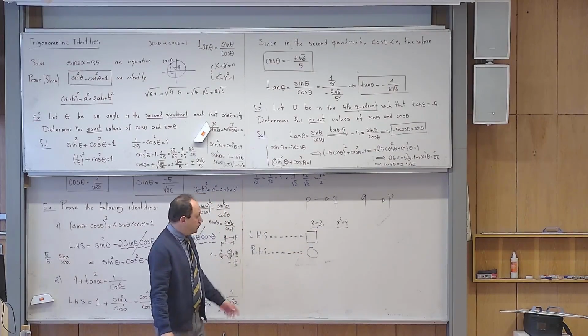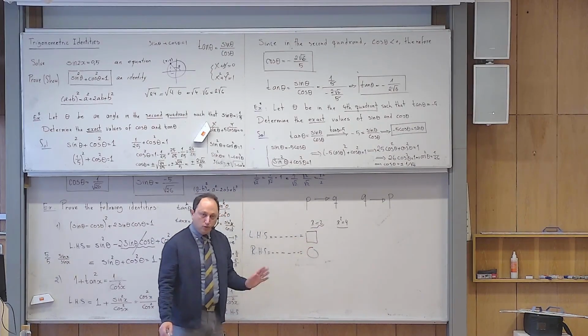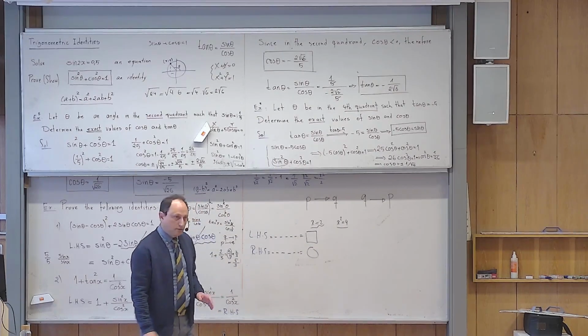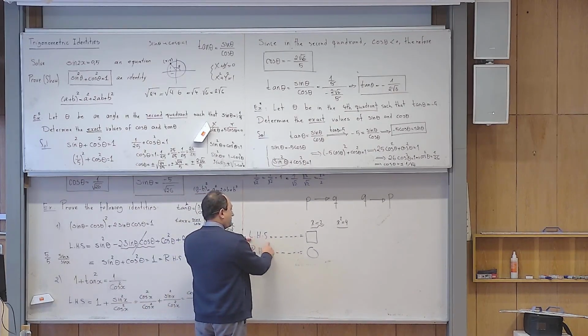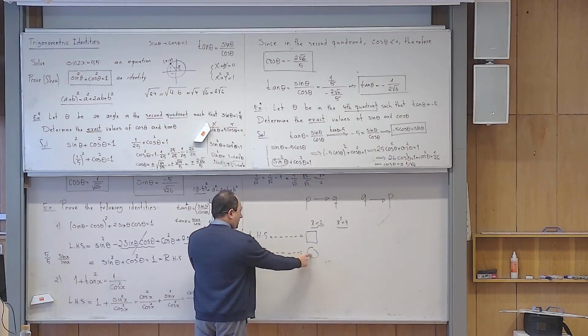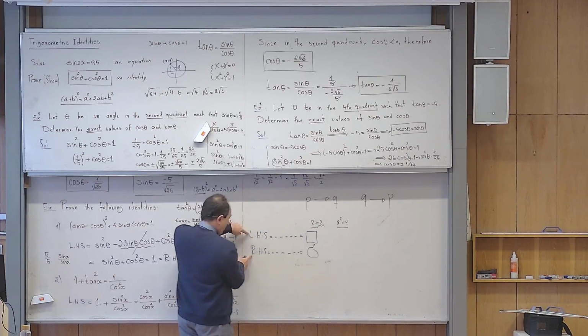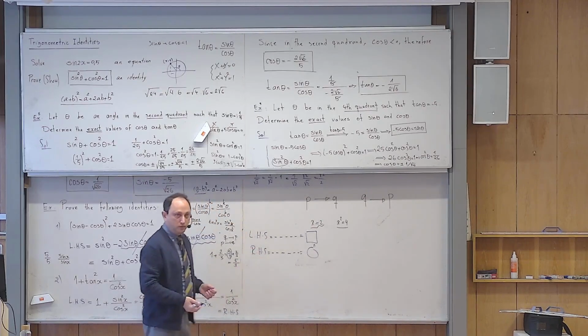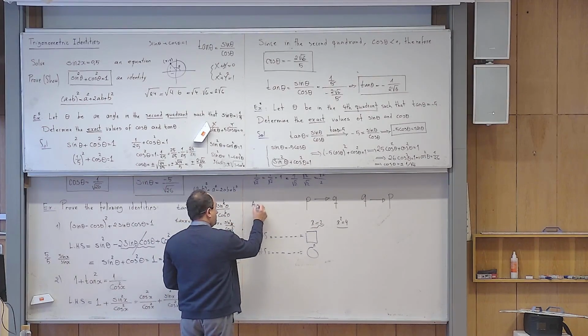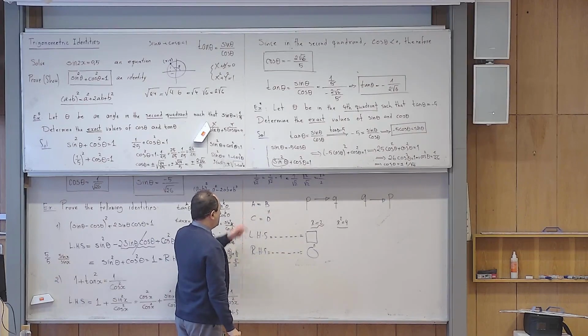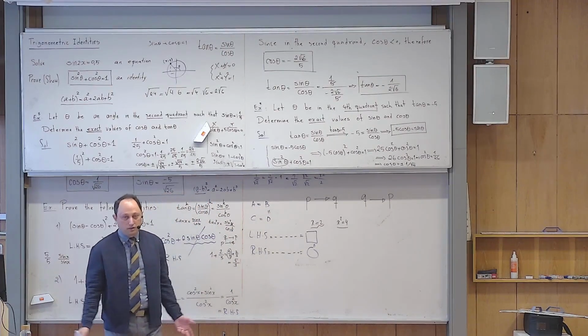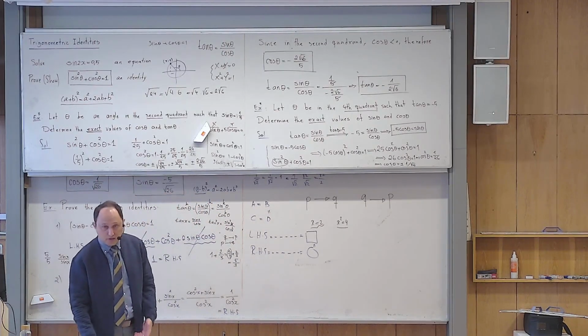If you can prove these two are equal, then you are done. Because I was able to show that left-hand side is equal to this, the right-hand side is equal to this. If I can show that these two are equal, then left-hand side and right-hand side have to be equal as well. Why? Because A is equal to B, C is equal to D. If I tell you B is equal to D, what can you say about A and C? They are equal. So that is also possible.